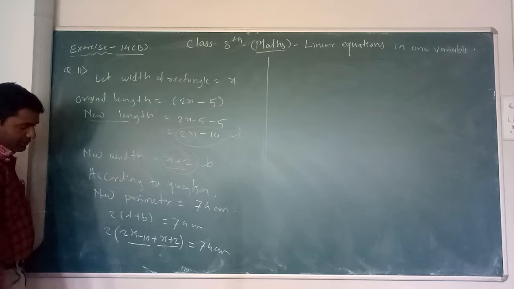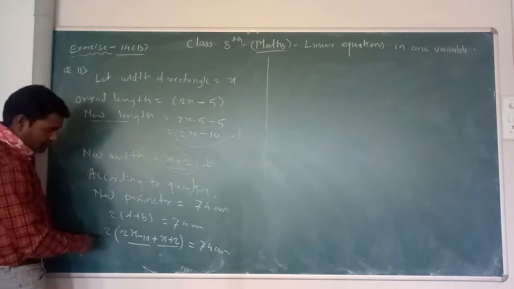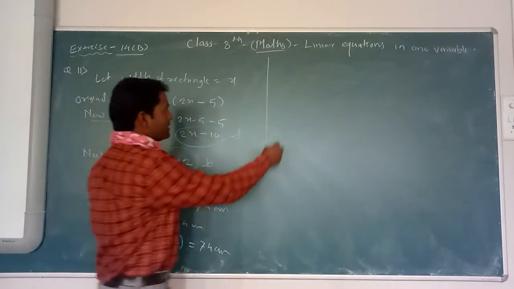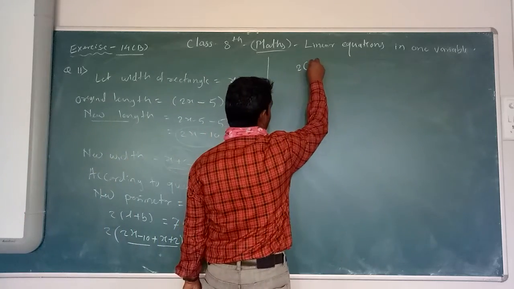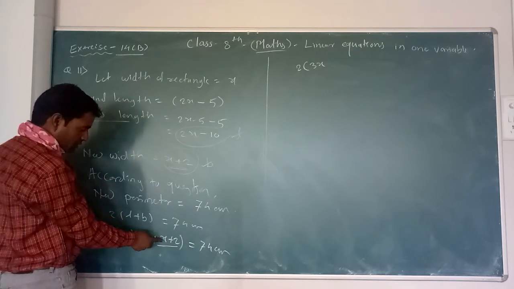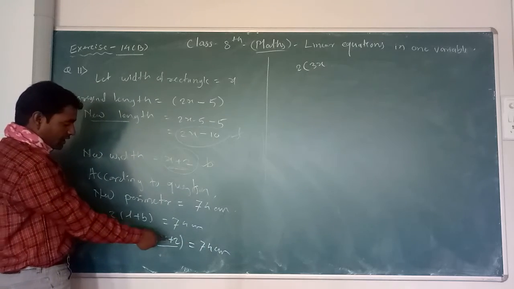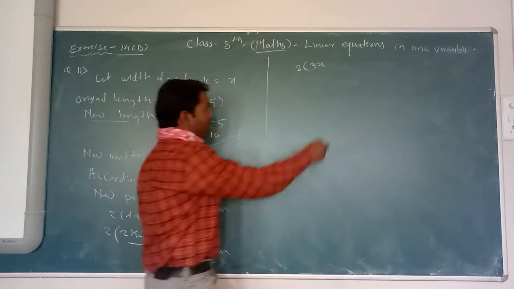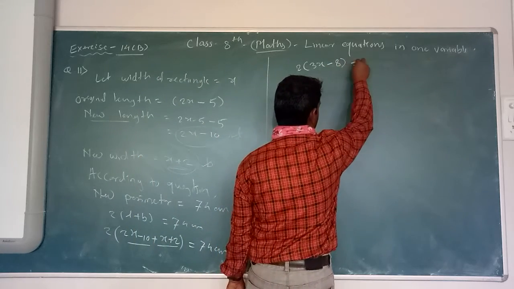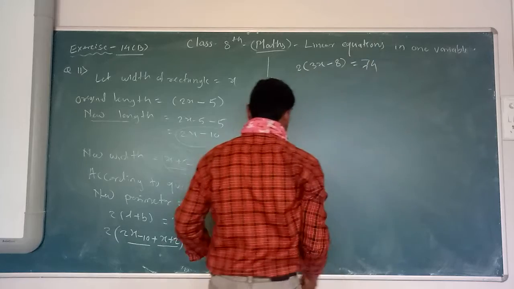Now we will do the addition and subtraction. 2x plus x will be 3x, and minus 10 plus 2 will be minus 8, so 2 into bracket 3x minus 8 is equal to 74.